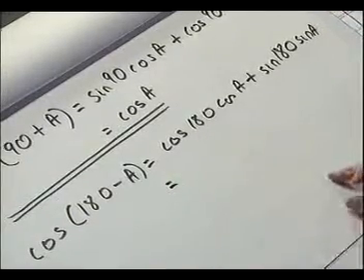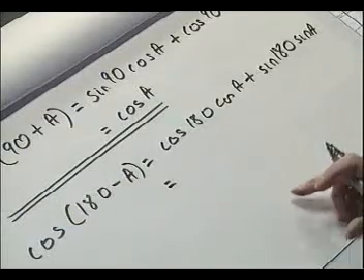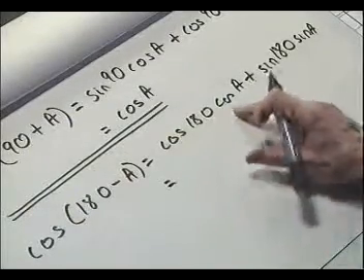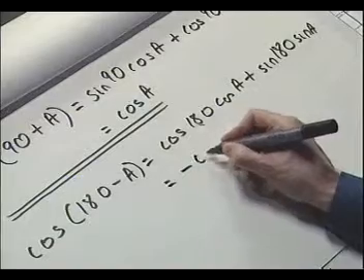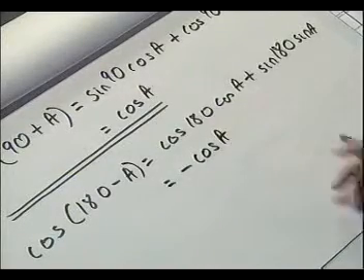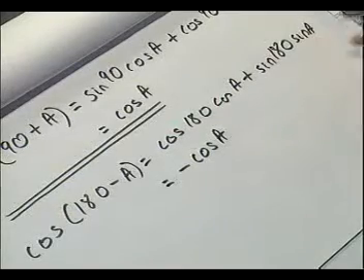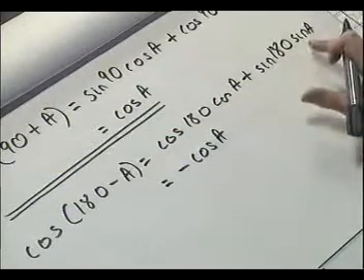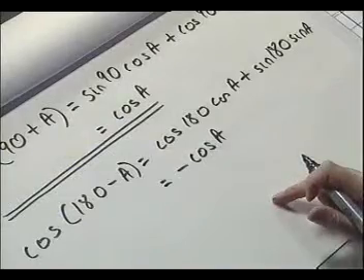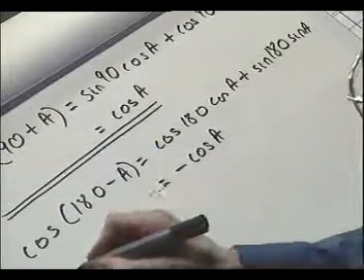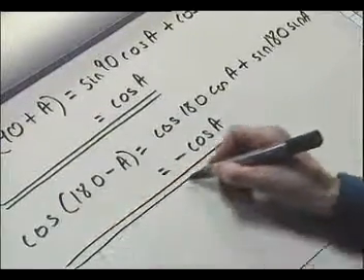The cosine of 180, well, that's minus 1. So minus 1 times by cos a is minus cos a. Sine of 180 is 0, and sine a is just sine a, but 0 times by anything is 0. So we're just left with minus cos a.